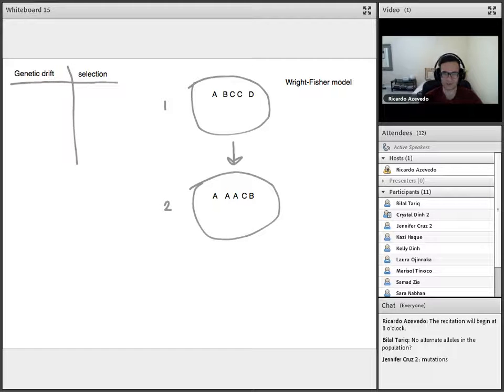And let's say in the third generation, again picking, assuming that they all have the same fitness.